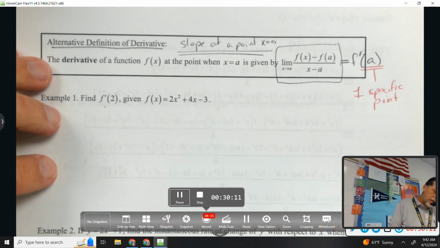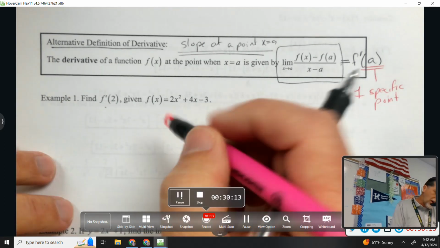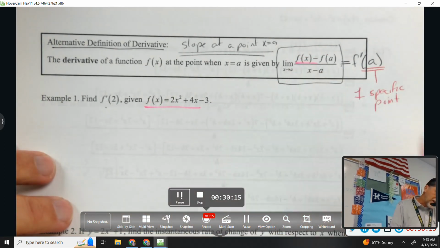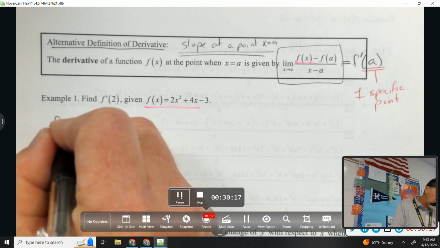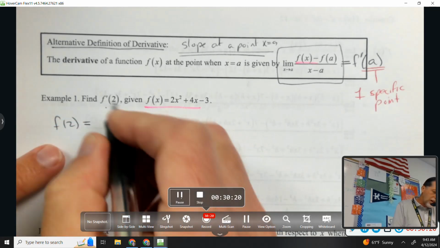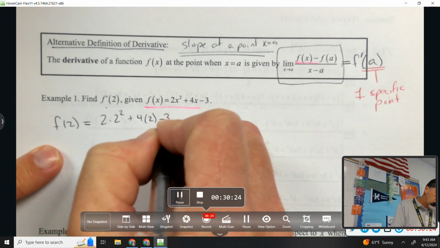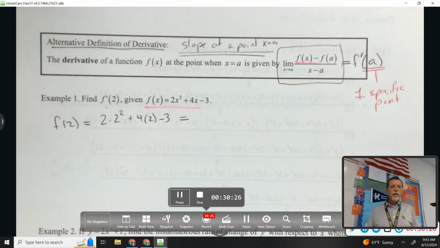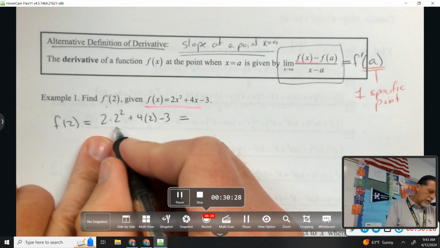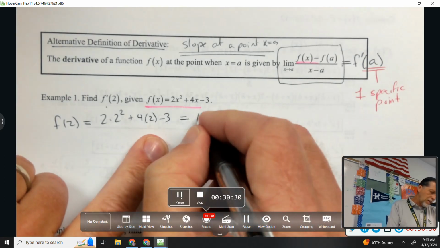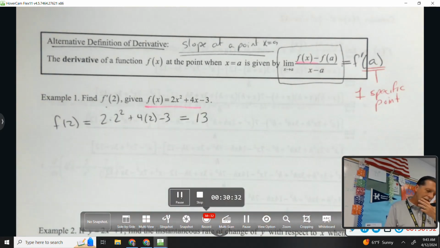Okay, so kind of same process. F of x, we got that. So I need f of 2. That's pretty easy. Just plug in 2. Let's see. 8 plus 8 minus 3 is 13. Yep.